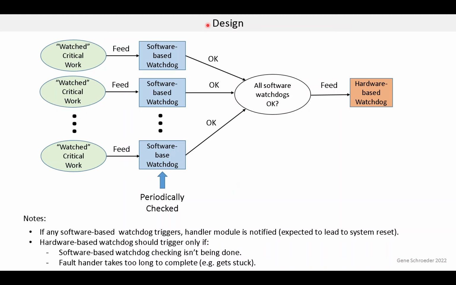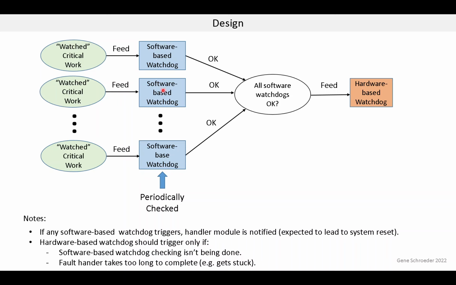So here's a conceptual view of how the Watchdog module works. On the left, we have these green ovals that represent application software that is performing critical work. For each one of these ovals, we have an associated software watchdog, and the application software will be feeding this watchdog if it successfully does its work.